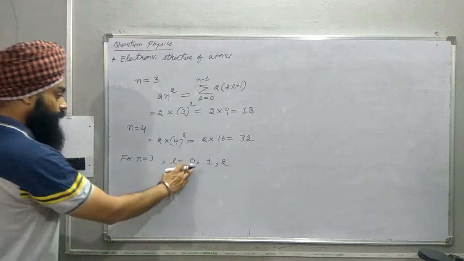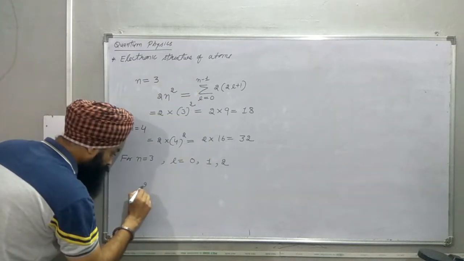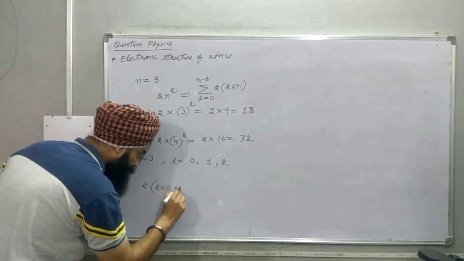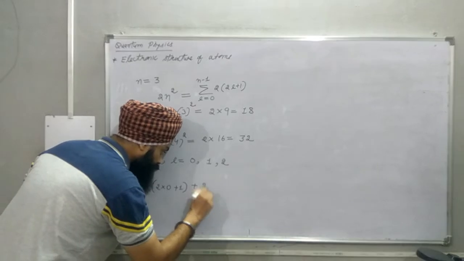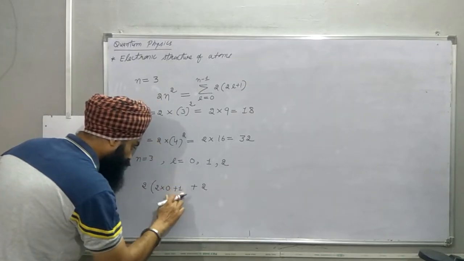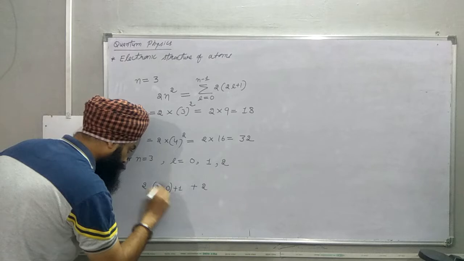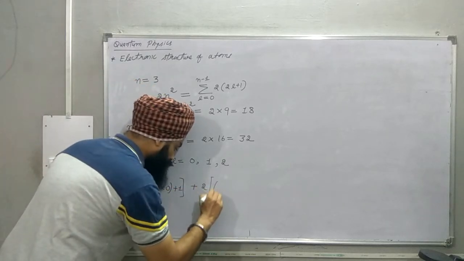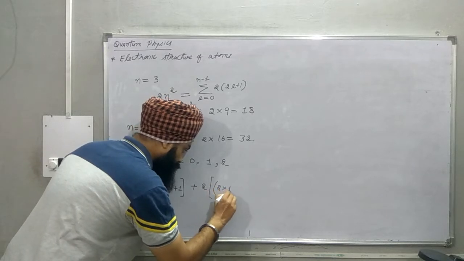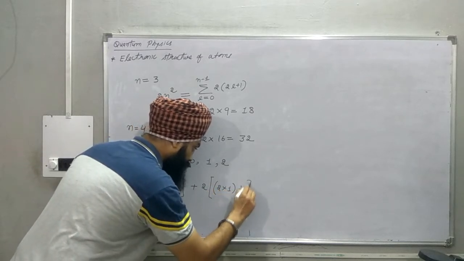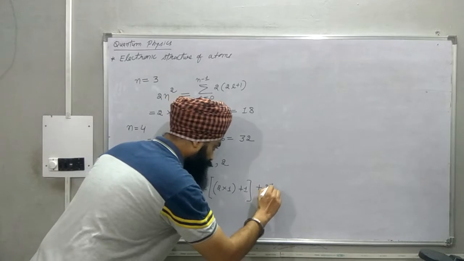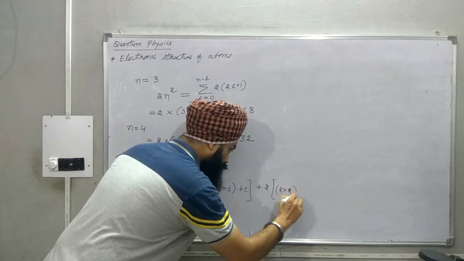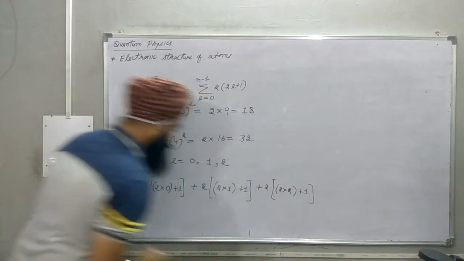So for L is equal to 0, we have 2 into (0 plus 1), plus 2 into (1 plus 1)... wait, 2 into (2 times 1 plus 1), plus 2 into (2 times 2 plus 1).